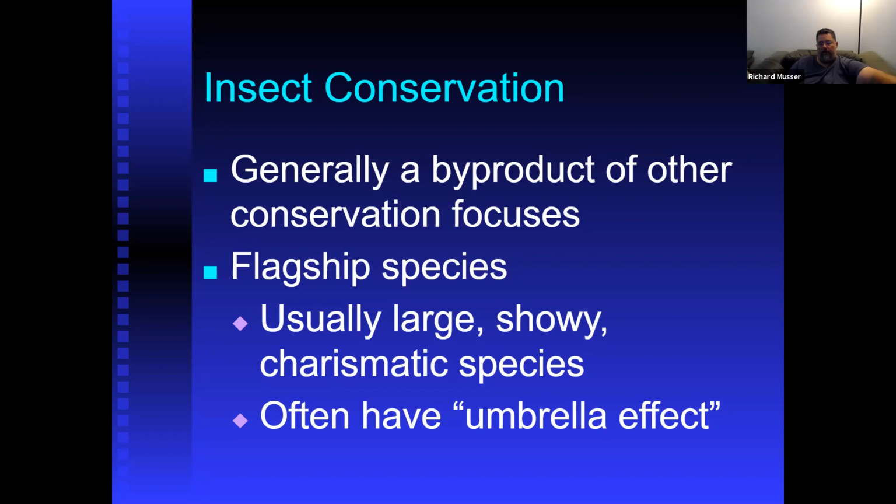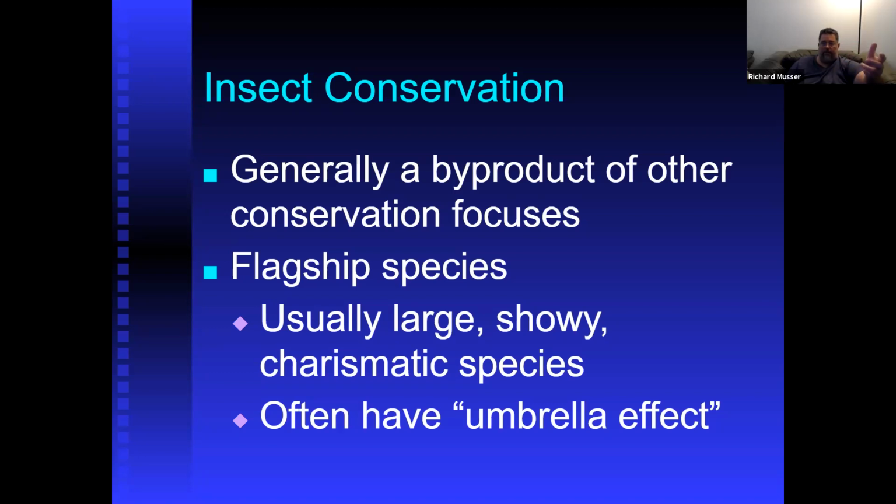These are what we call our flagship species that have kind of an umbrella effect. So when we learn we don't want to kill off honeybees, then we have to control how we use our insecticides better, because it has an effect on protecting other species, or maybe we keep certain areas natural and untouched.